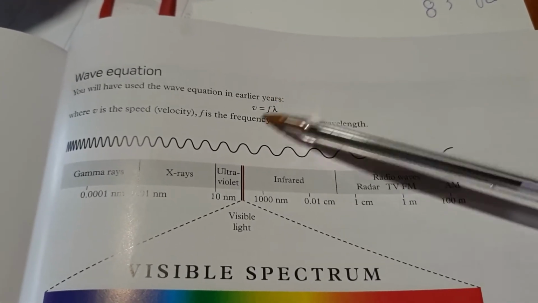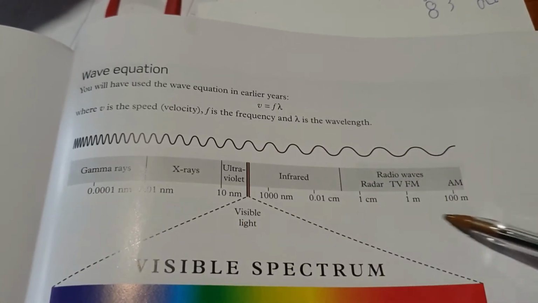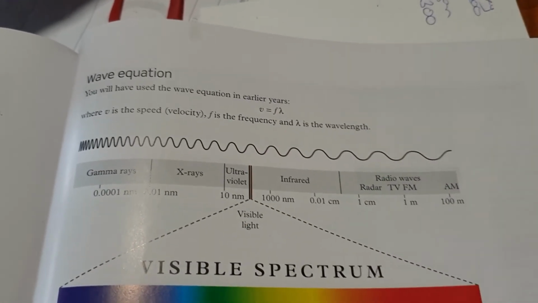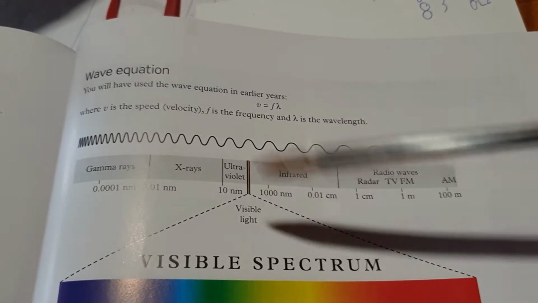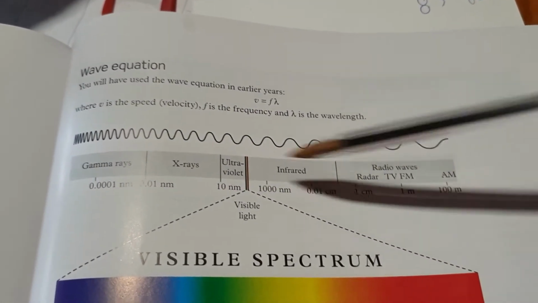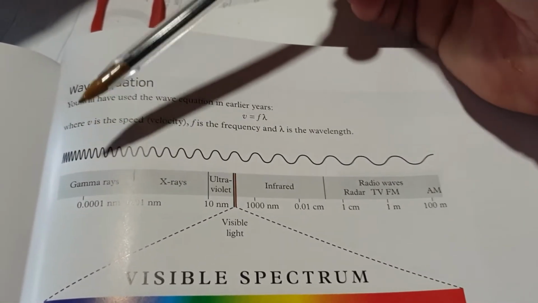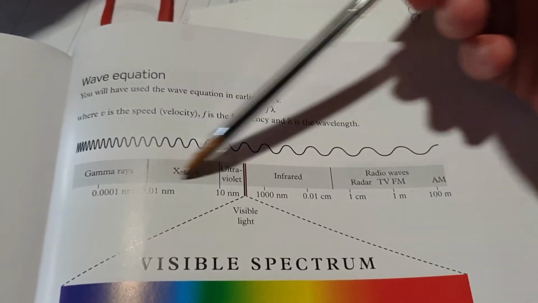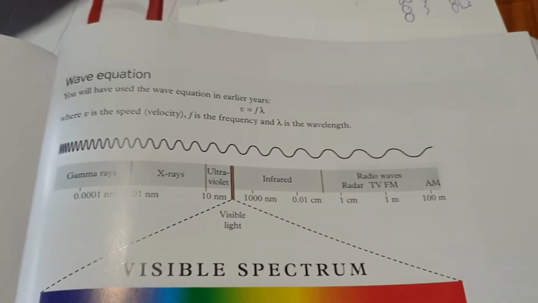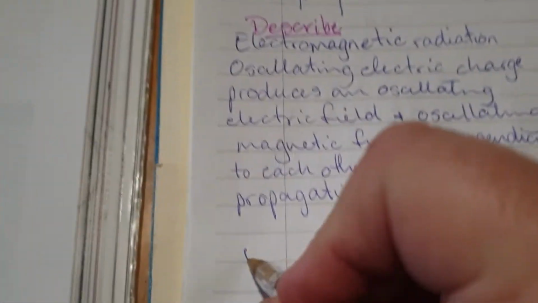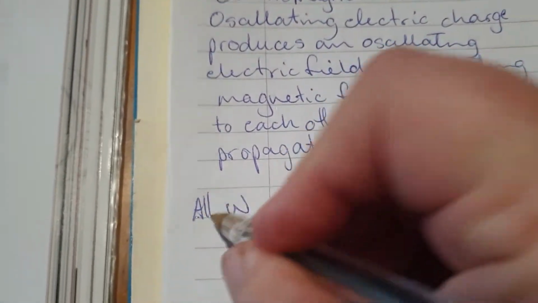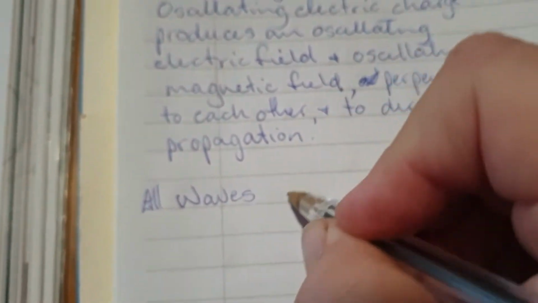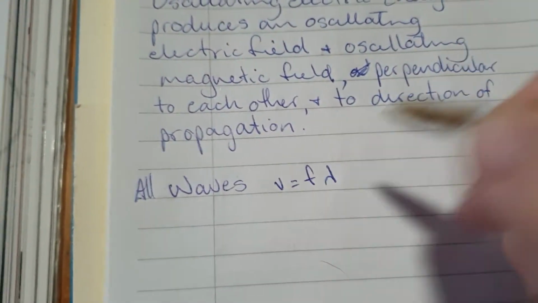That's for all waves. This electromagnetic stuff is light. Some of it we can see, visible light. The rest of it, you can still call it light, or electromagnetic radiation is probably a better definition. But all of these travel at the same speed. So for all waves, you can use v equals f lambda.